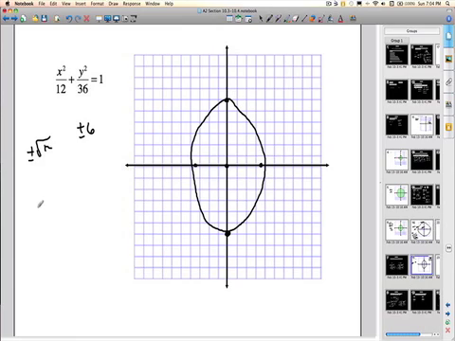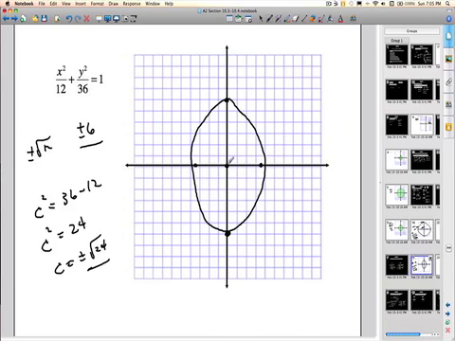I still need to find my foci, so c squared will be equal to 36, the larger denominator, minus the smaller denominator. So c squared will be equal to 24, so c will be plus or minus root 24, which is just about 5. And I graph this on the same axis that I graphed the vertices. If I graphed it on the other axis, I'd go outside the ellipse, and that's not possible.